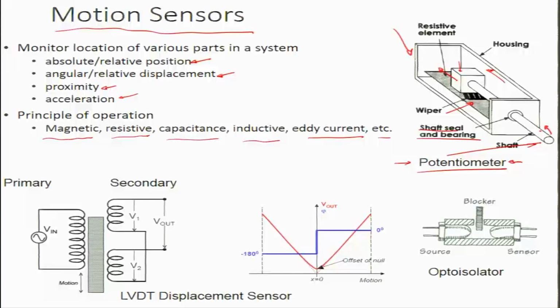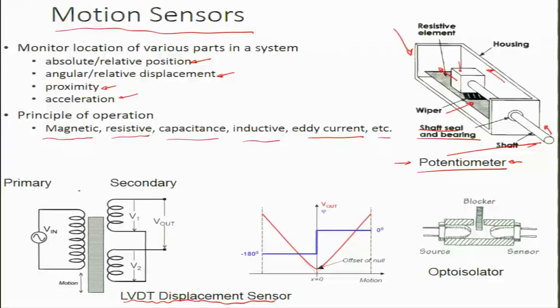And the other very commonly used one is the linear variable displacement transducer. We commonly call this LVDT. The LVDT, or the linear variable differential transformer, is based on an AC transformer with a primary coil and a secondary coil, as you can see here in this layout, and a core which is magnetic in nature and is capable of moving up and down.